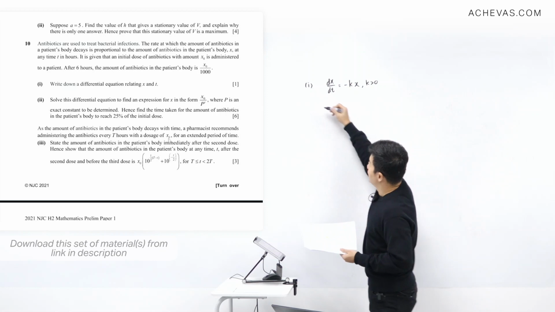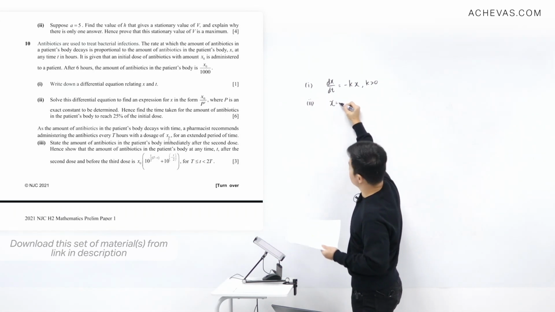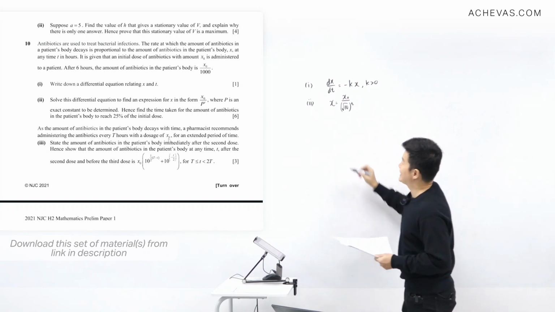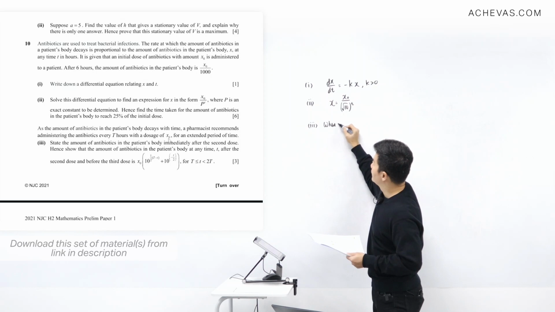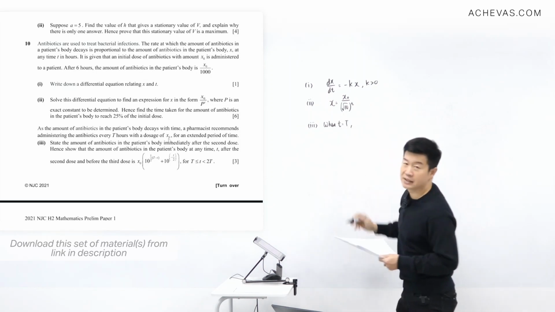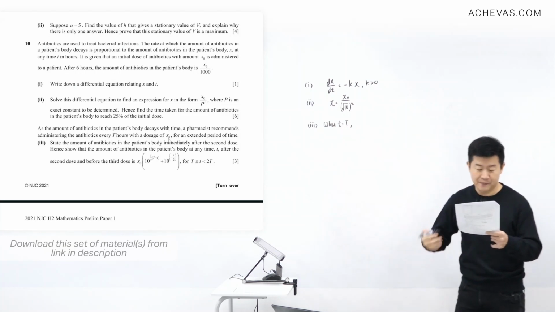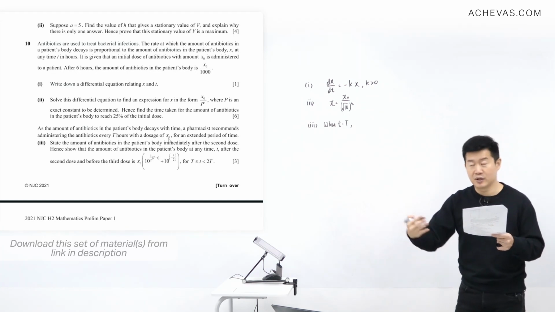So just now we have found in part 2 that x is equal to what? x is equal to x0 over square root of 10, then this to the power of t, which means that now when t is equal to t, because according to the question, every t hours, an additional dosage of x0 is going to be added to the patient's body.